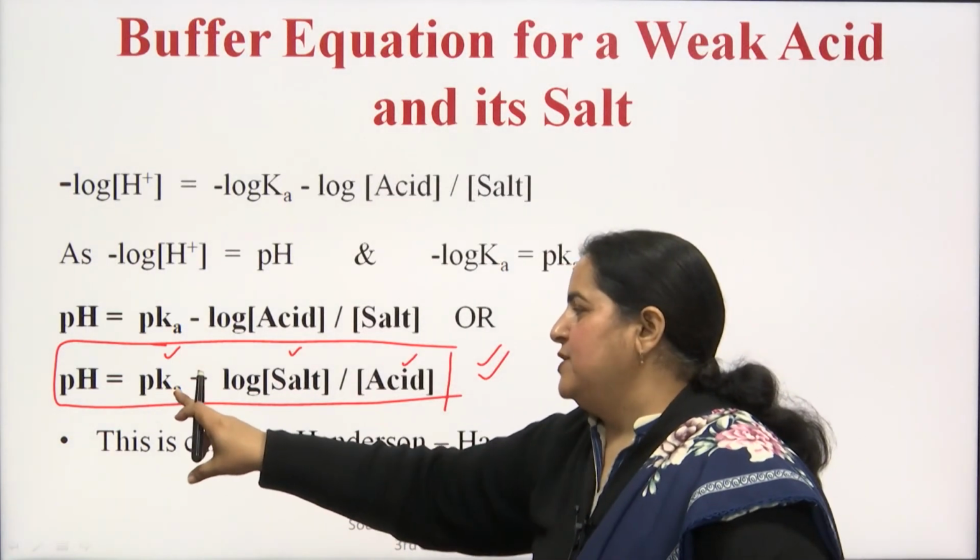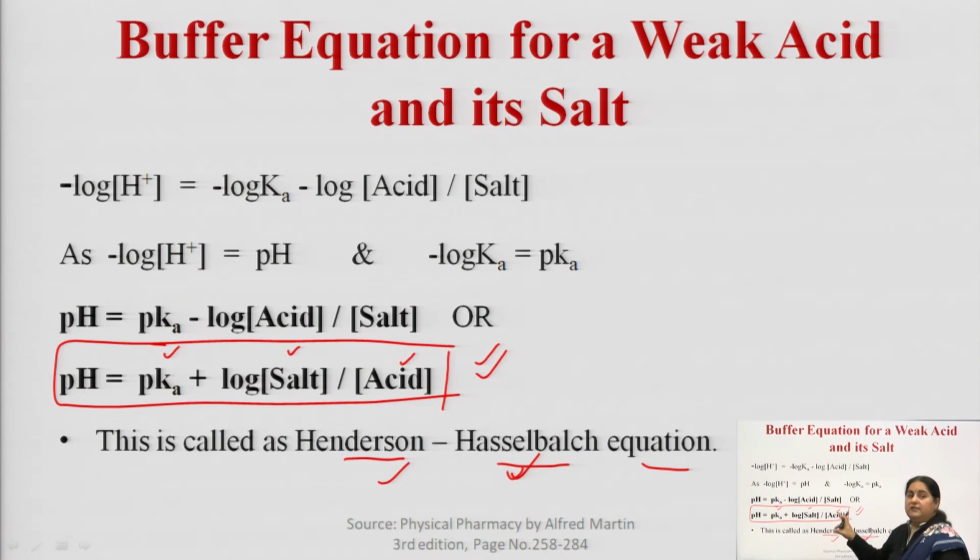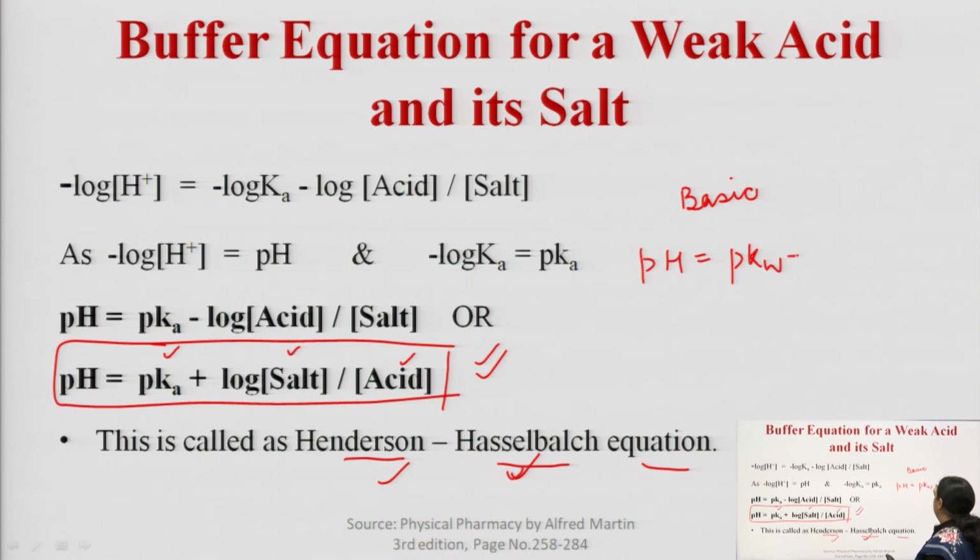This is pH is equal to pKa plus log salt upon acid, right. This is a very important equation, and its counterpart, for basic buffer, is pH is equal to pKw minus pKb plus log base upon salt, right.